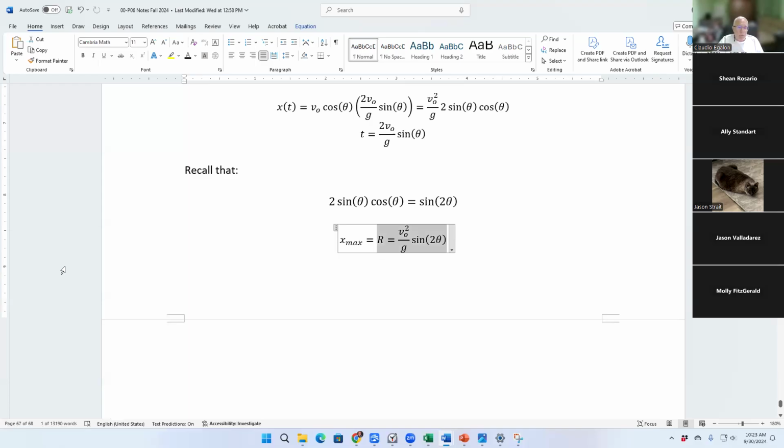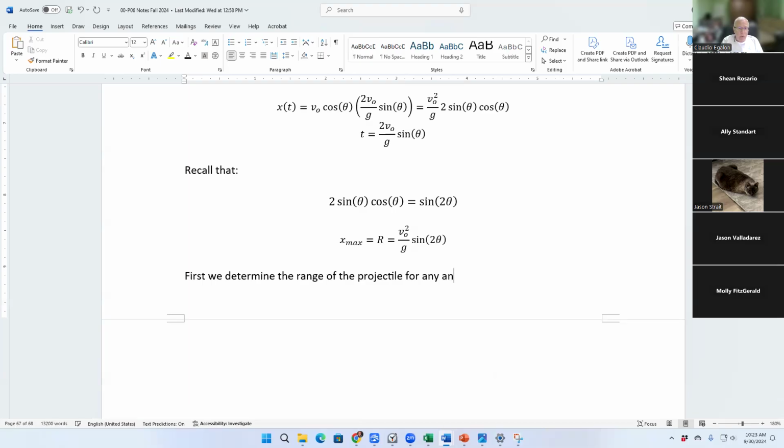And now we have to figure out which angle I have to use to maximize my R. Okay? First, let me summarize here. First, we determine the range of the projectile for any angle.